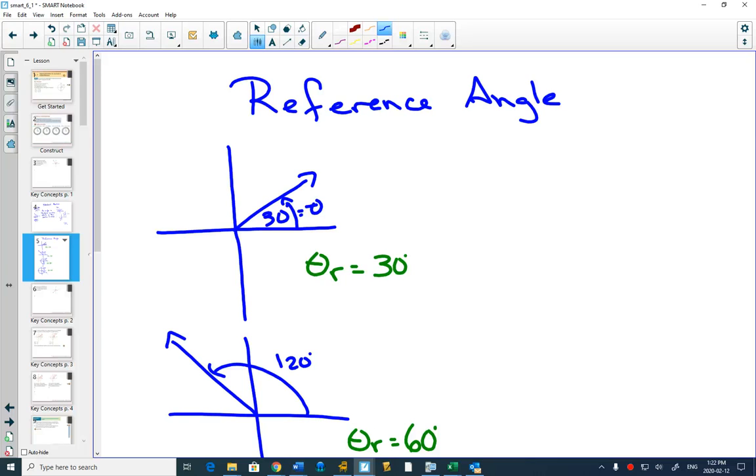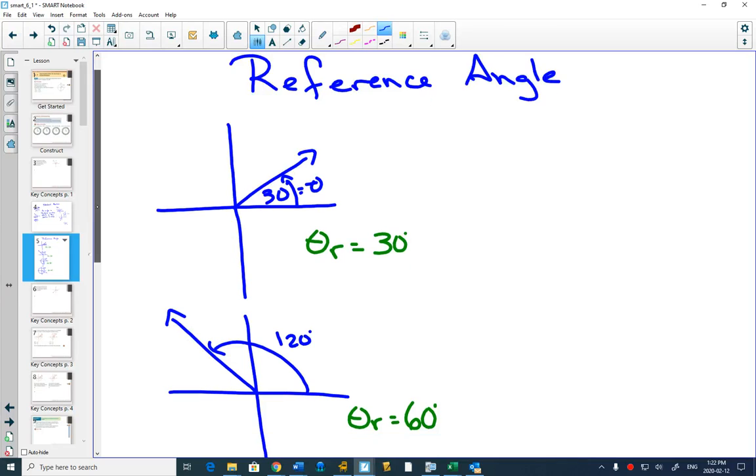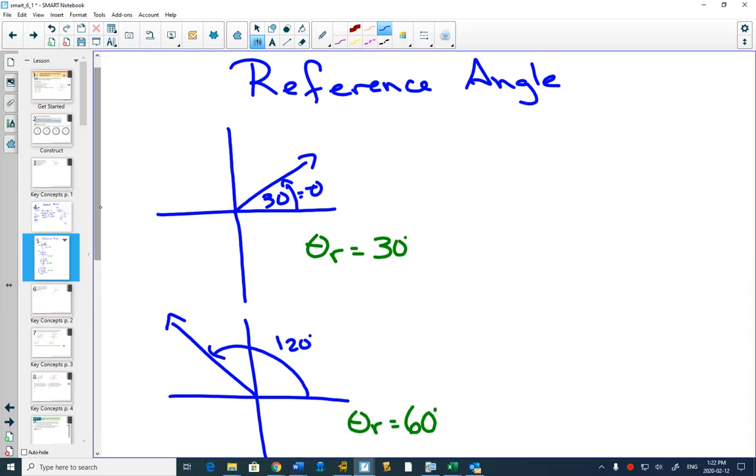Okay, all right. Mm-hmm. So if I added one, okay, let's say 170 degrees. How are we going to figure out the reference angle?